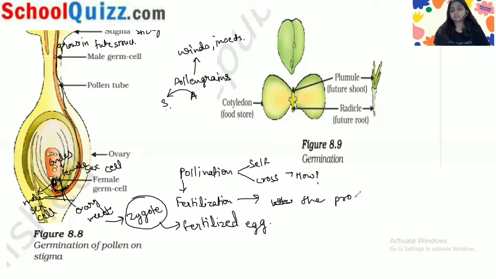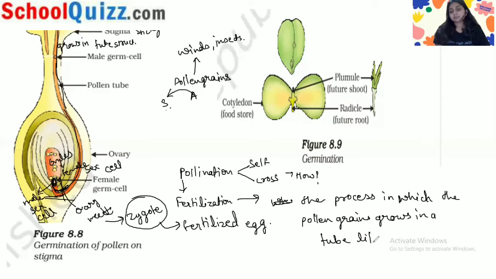The process in which the pollen grains grow in a tube-like structure, reach the ovary, and fuse to form zygote.